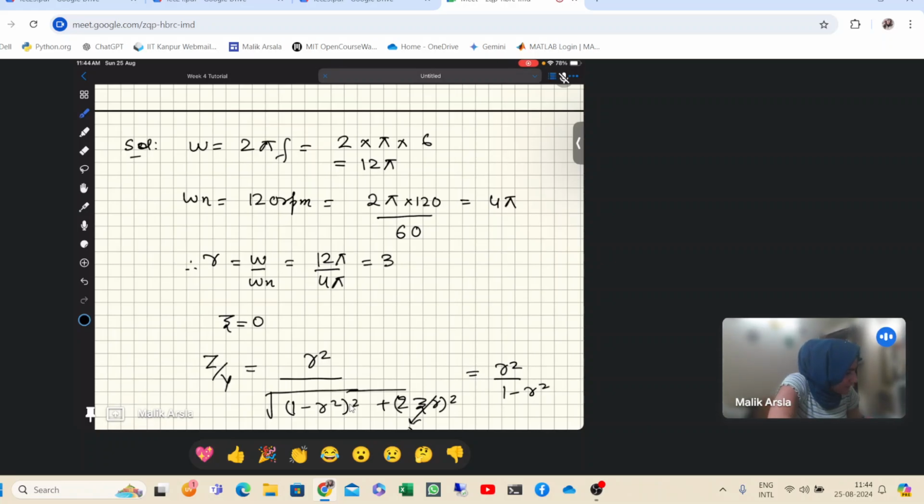Omega upon omega n. 60 into 2 to the 4 pi. This is correct. Okay. Now here it's 12 pi radians per second.